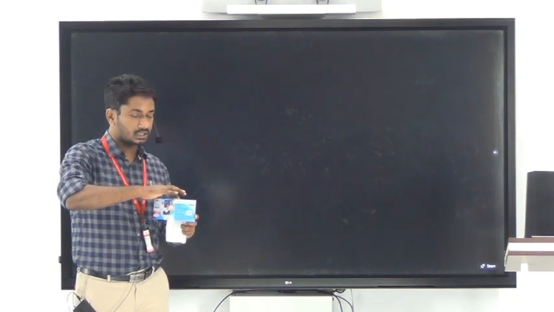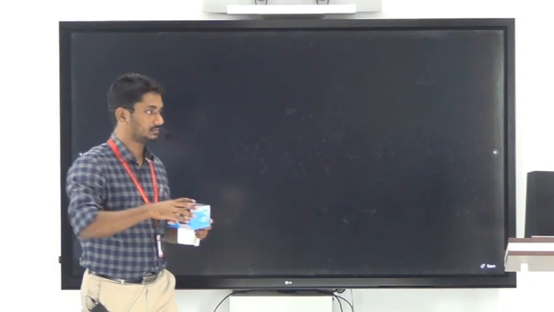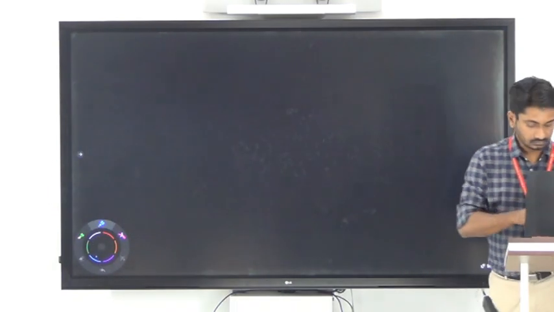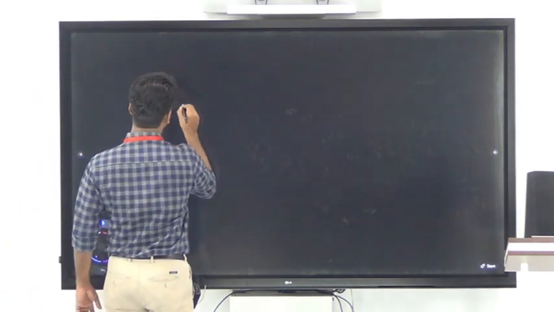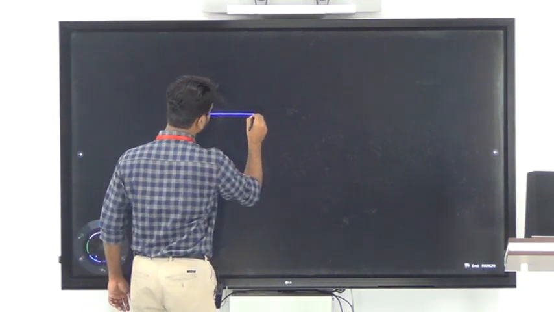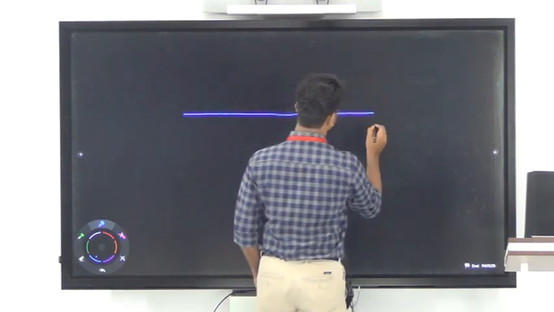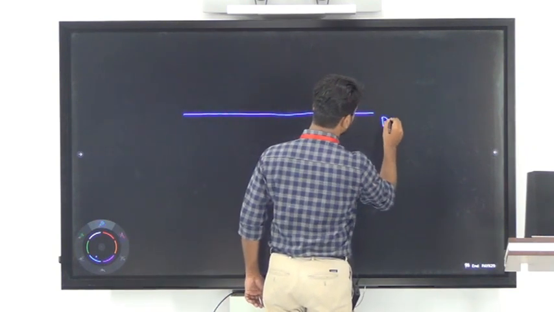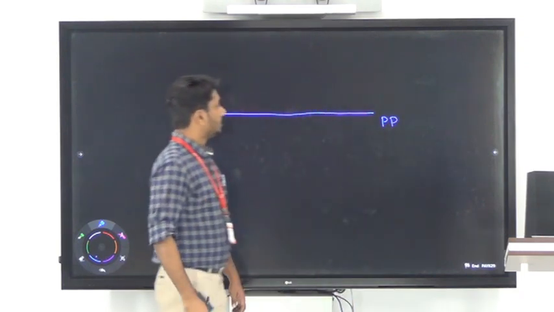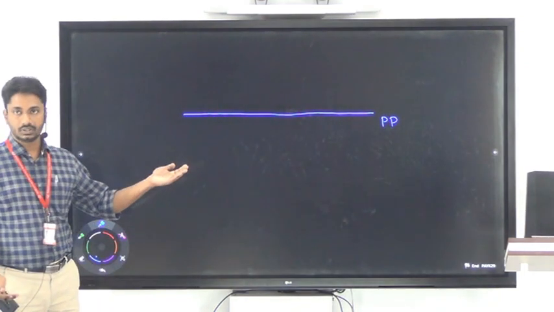So first we are drawing the top view of the picture plane. Now you have to draw the top view of the object.